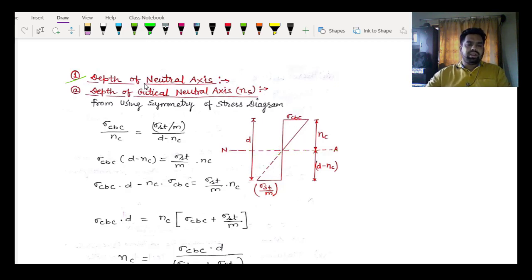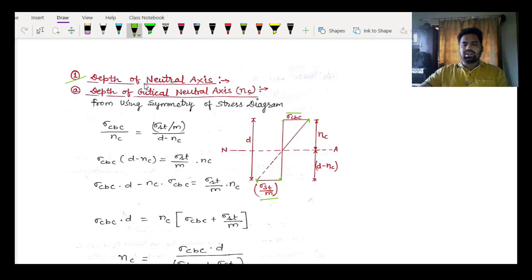Second one is the critical neutral axis, which is basically the neutral axis for a balanced section. It is the depth we get when both the materials, concrete and steel, reach their permissible values at the same time. Here is zero compression, here is zero tension.